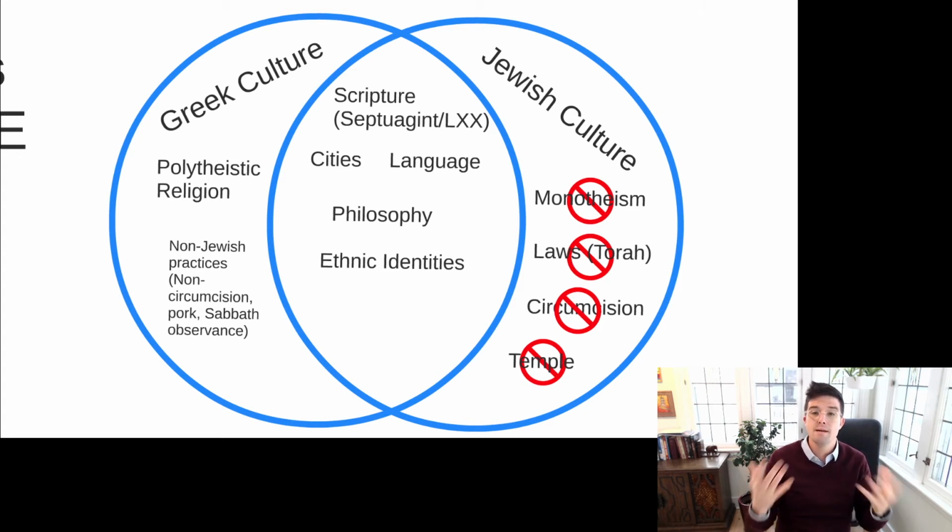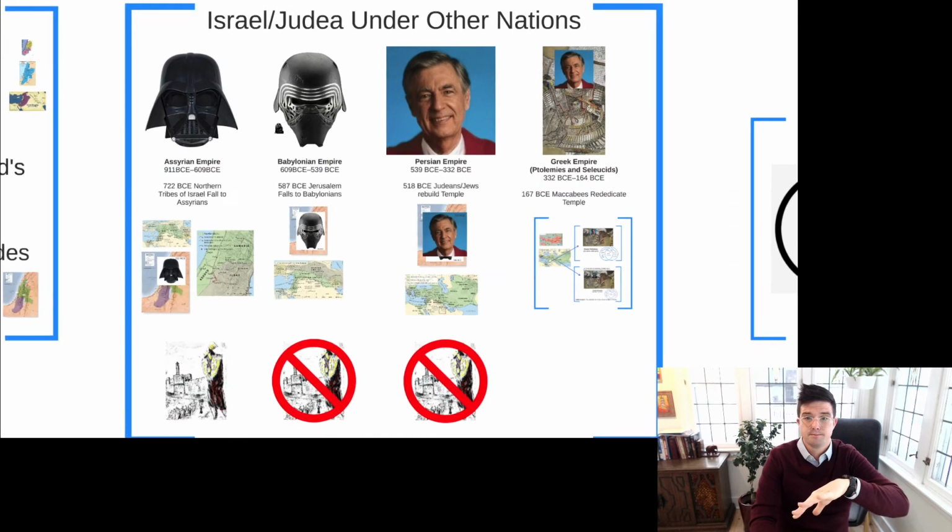And we're going to read about this in First Maccabees, this sort of forced Hellenization process that was forced onto Judeans by Antiochus Epiphanes for next week.